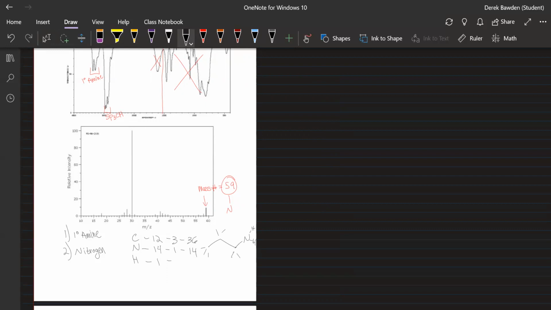So that's 2, 4, 6, 7, 8, 9. 9 hydrogens. 36 plus 14 is 50, plus 9 is 59. So that adds up, and this is our structure. Another way you could have drawn it is like this. That's still a 1 degree amine with 9 hydrogens.